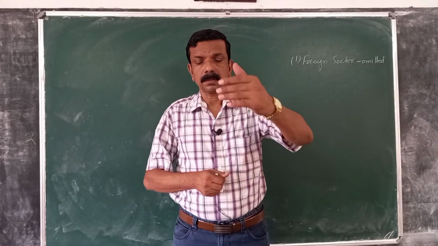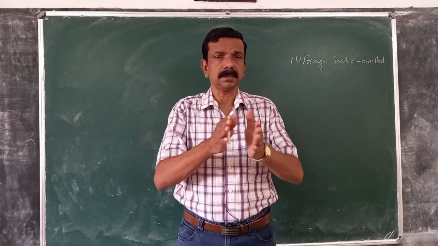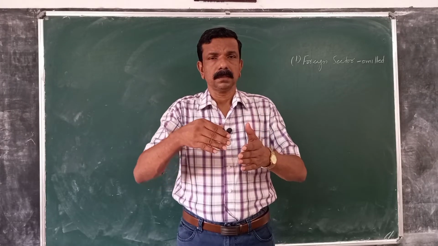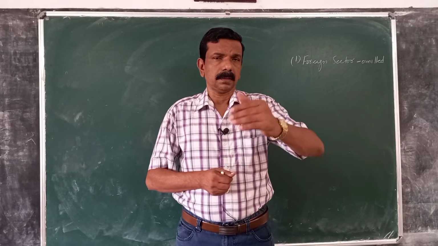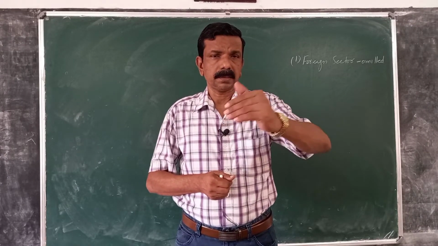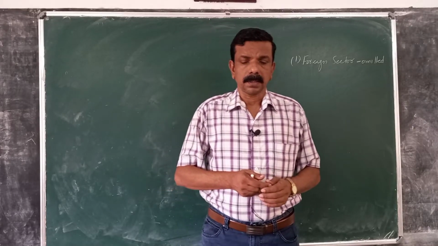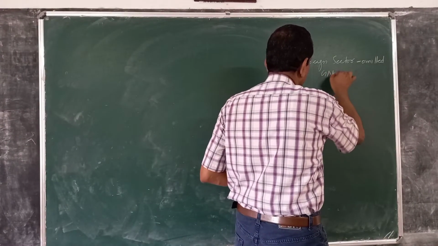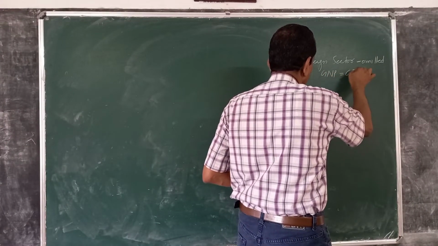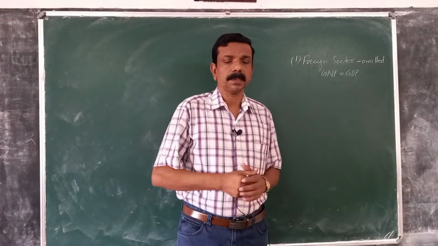We will also not consider the earnings of citizens and residents in foreign countries and the earnings of foreigners in the domestic territory. In that case, GNP is equal to GDP. No distinction is made between GNP and GDP.